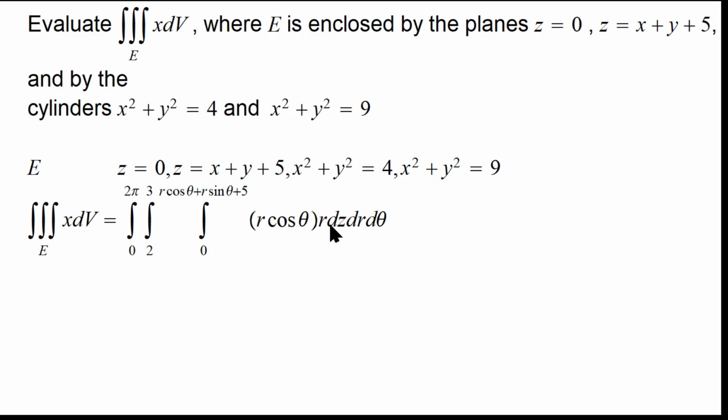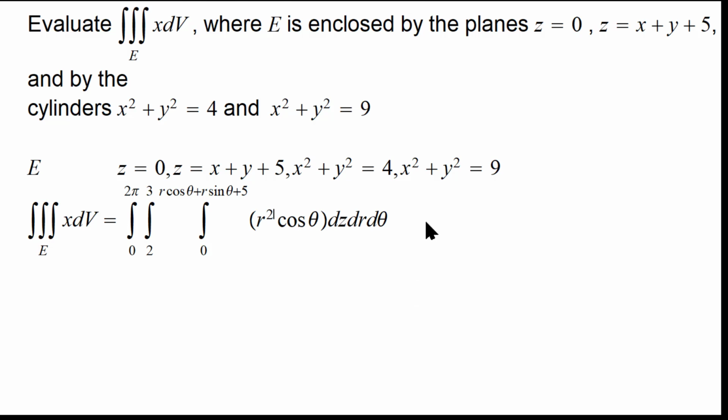All right. So first we are integrating with respect to z, and when we do that, this whole quantity will be treated as a constant.